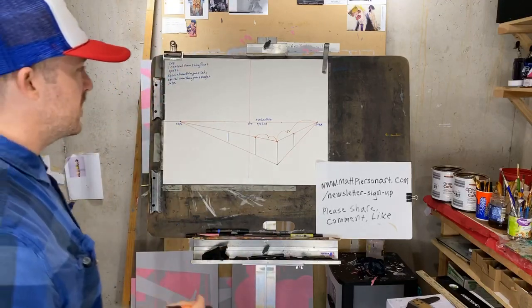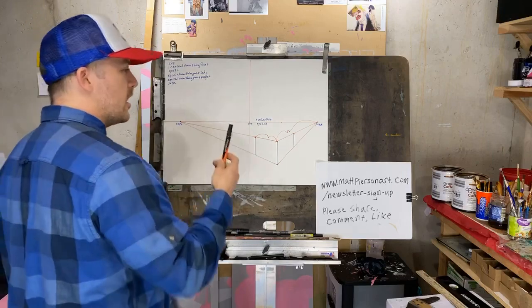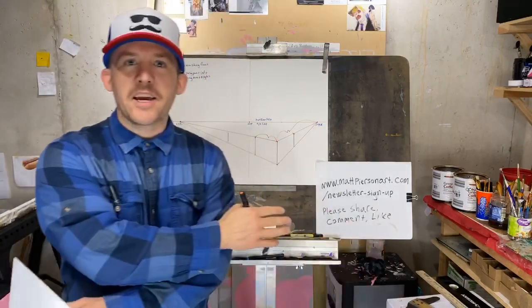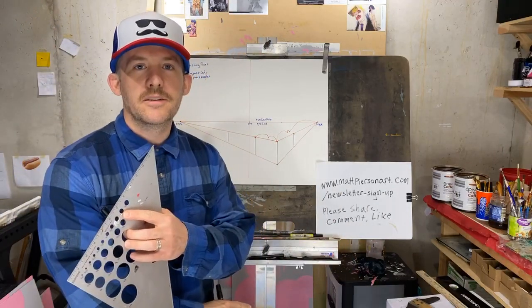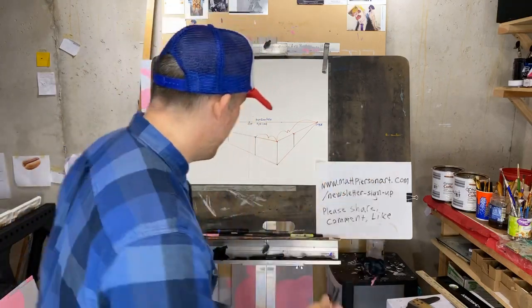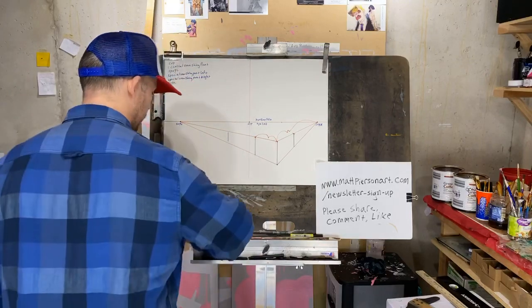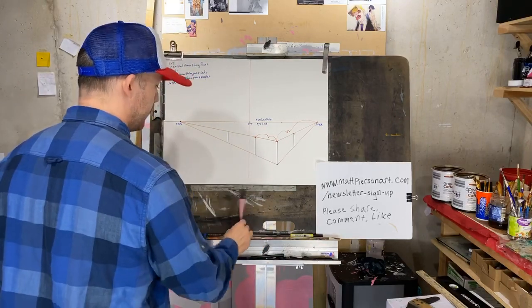So this is where things get a little tricky. You're basically going to be doing a zigzag, a crisscross, like that band, I guess. You're going to be crisscrossing your shapes.